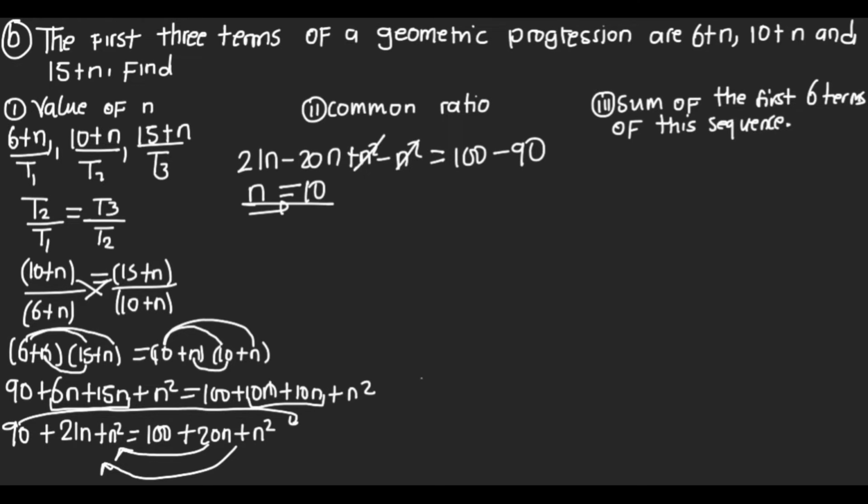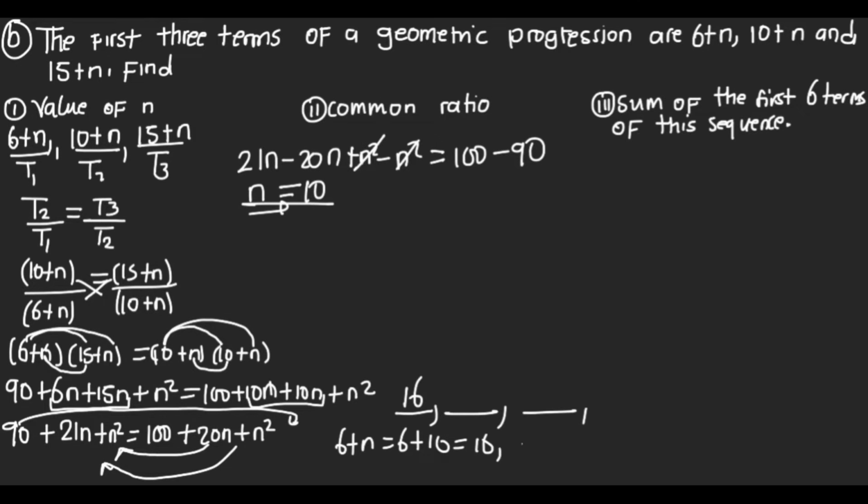Now let's find the actual terms here. So we know that the first term is 6 plus n, which is 6 plus 10 will give us 16. So here we'll have 16.